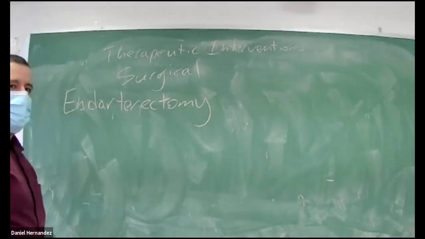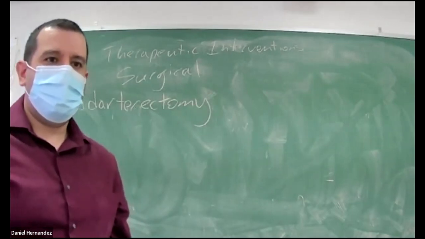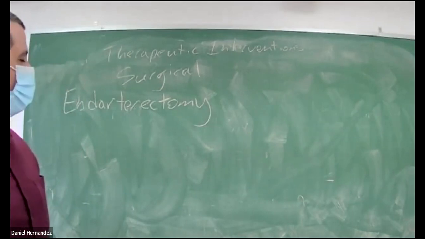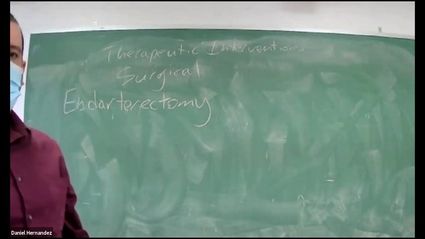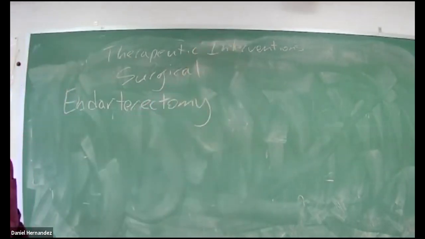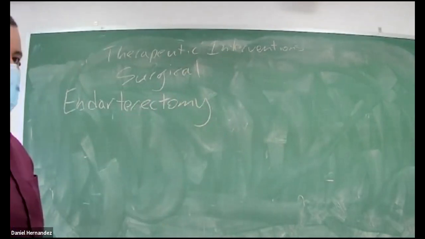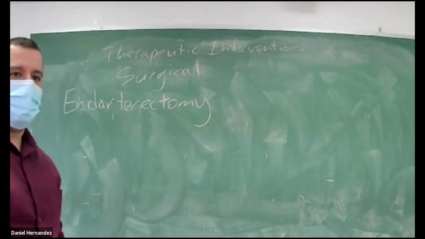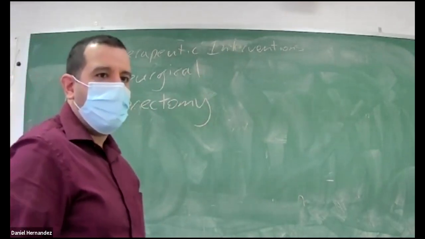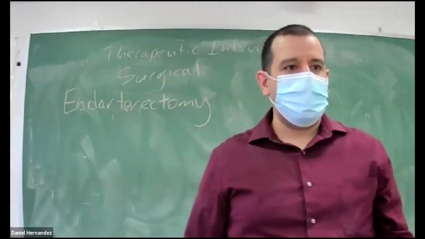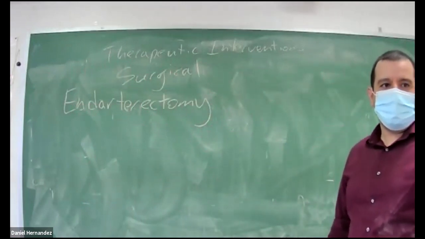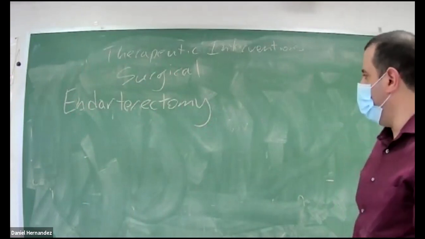So this one we actually get involved with in the ultrasound world because these vascular surgeons will call upon us to come up to the OR to scan these. So this is a surgical procedure to surgically remove the atherosclerotic material and plaque, and usually a portion of the intimal lining from the arterial lumen.